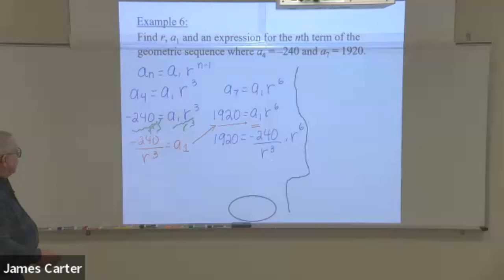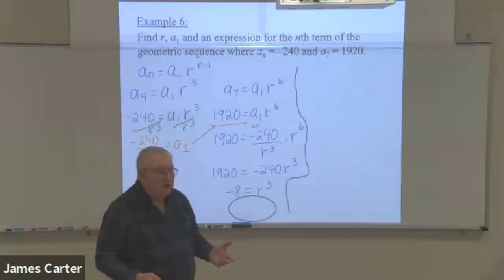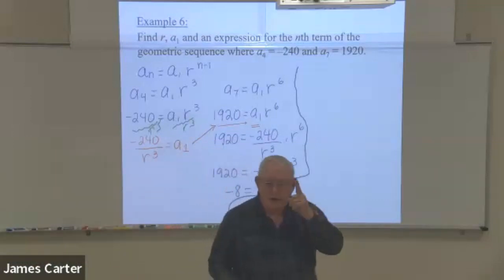Now, 3 of these are going to cancel out 3 of those. Now we divide both sides by 240, and we get -8 is r to the third power. Well, if -8 is r to the third, then -2 is r to the first.